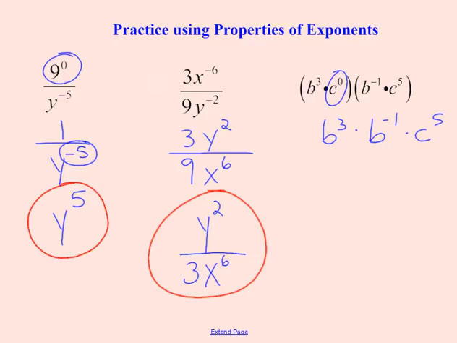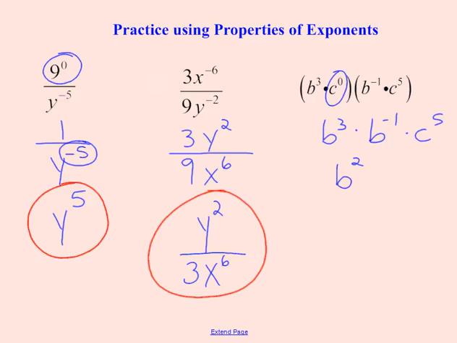But you also need to recognize that this is the product rule right here. I am multiplying with the same base, in this case, b. And when I apply the product rule, I add the exponents. So in this case, b to the third times b to the negative first would end up being b squared, because 3 plus negative 1 is 2.